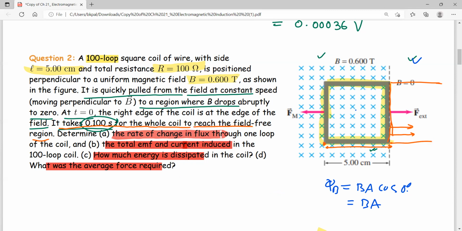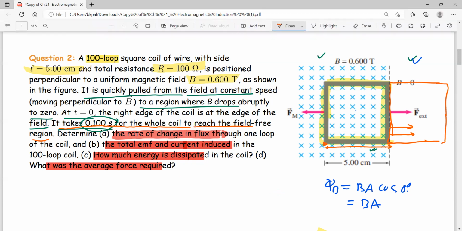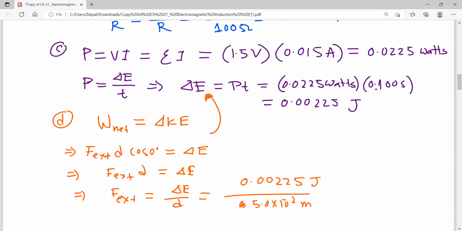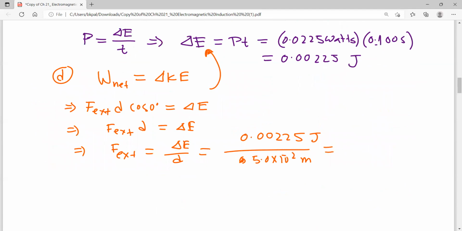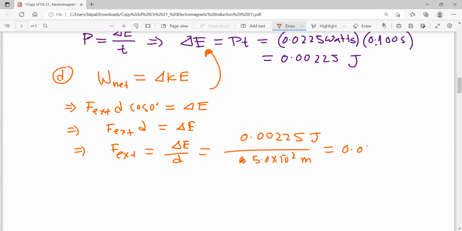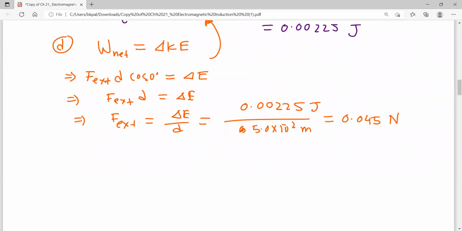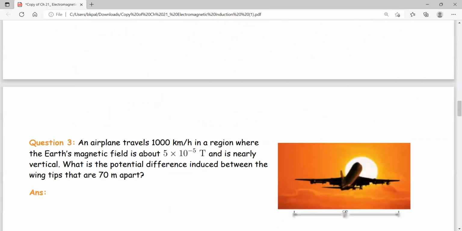The distance between this point and this point is 5 centimeter, so that's why D here is 5 centimeter. When you plug 5 centimeter here, you get the force, 0.045 Newton. Remember that Newton is the unit for the force. So the force we need is 0.045 Newton.